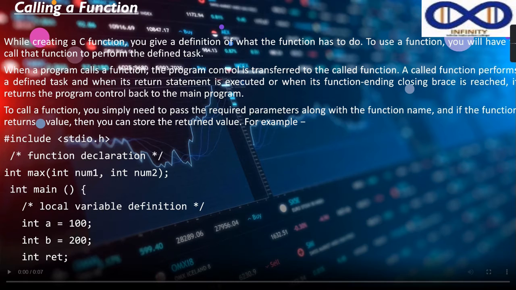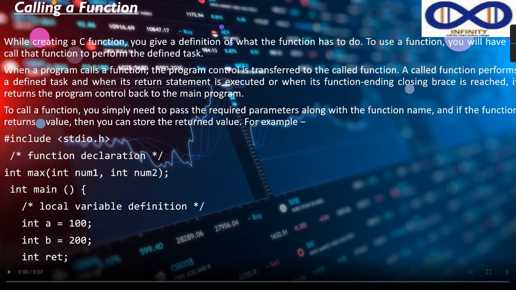A called function performs the defined task, and when its return statement is executed, or when its function-ending closing brace is reached, it returns the program control back to the main program.